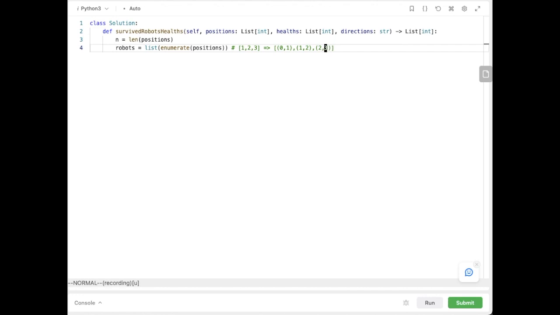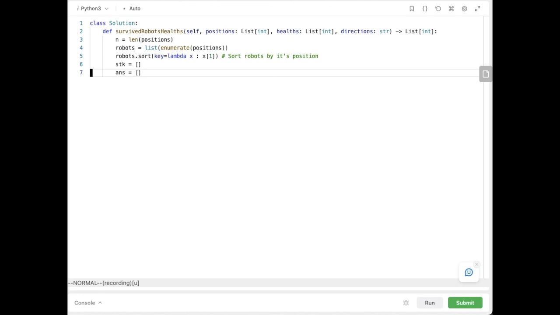So basically we do this so that we can maintain the index information that we later need to change the health of the original index. So first of all, we're going to sort the robots by their position, so that now we are considering the robots from left to right. And then we're going to initialize the stack that we mentioned. And also this is our answer. We're going to initialize that here too.